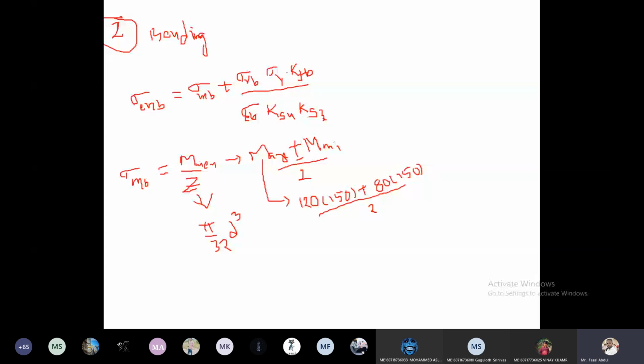Now tell me from this equation, what is the mean bending value and variable bending value? The answer will come in terms of d cube.